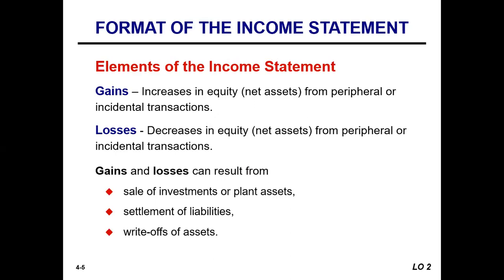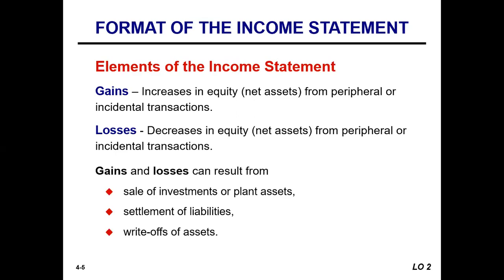Same thing with losses. Losses are decreases in equity from peripheral or incidental transactions. So again, not losses from our core operating activities, but from peripheral or incidental transactions, right?